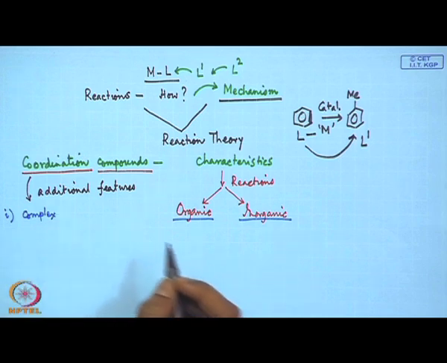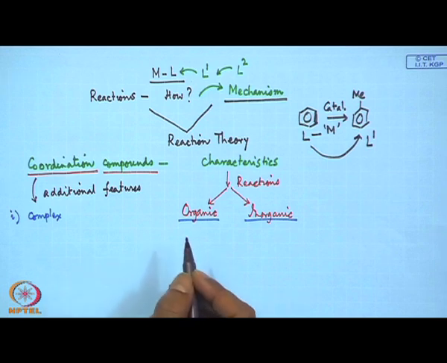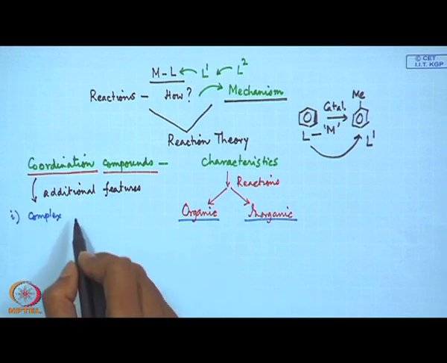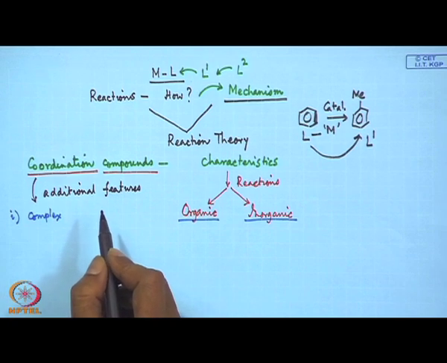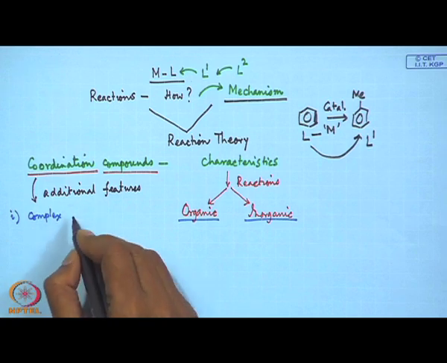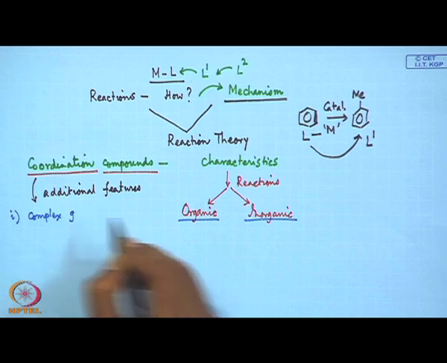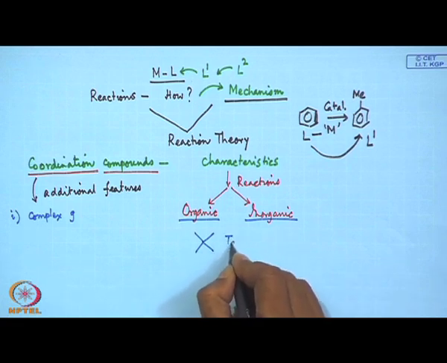So, not only the complex architecture, that means the presence of different metals, more than one metal sometimes, and different types of ligands, and sometimes a large number of ligands. That means, when we talk about the corresponding octahedral compound, we have 6 ligands. So, how these ligands are placed around the metal center, because organic chemistry is mostly dominated by the tetrahedral geometry of the carbon.